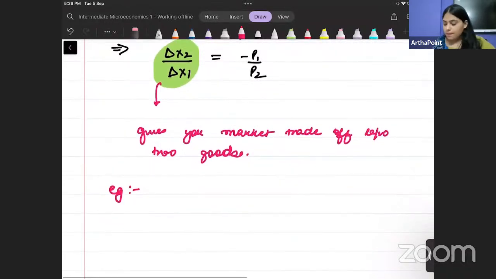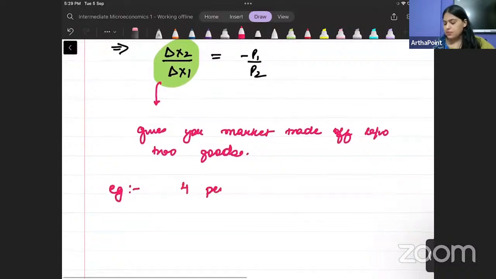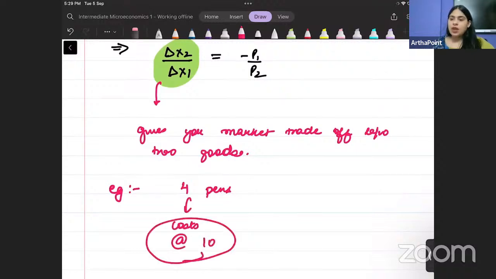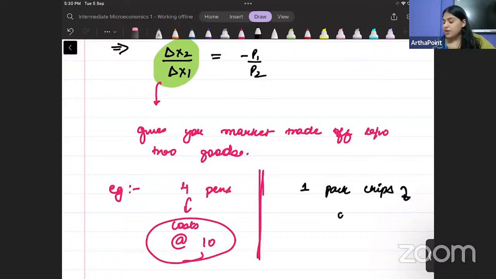Suppose I tell you that I have 4 pens with me, and each pen costs 10 rupees. Now I tell you, beta, that I want to get 1 packet of chips, and this Uncle Chips packet costs 20 rupees.